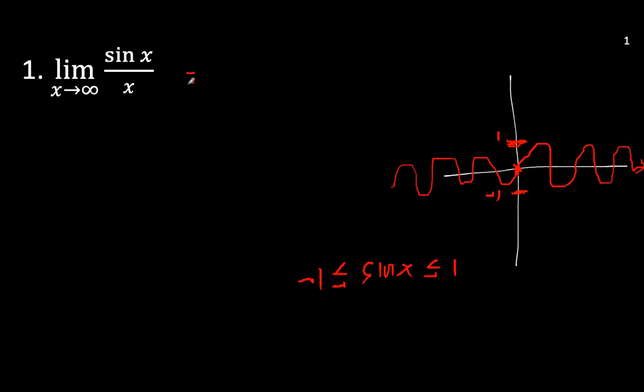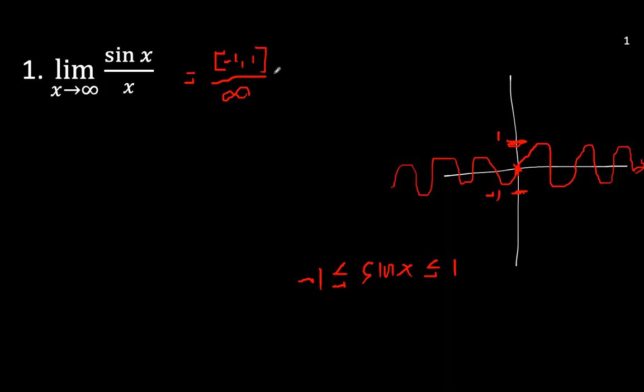In this case, we know that the function values of sine x range from -1 to 1, correct? And since x is approaching infinity, the value of x here is infinite, all right?